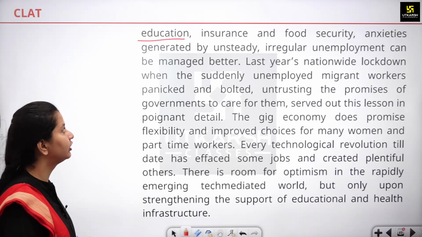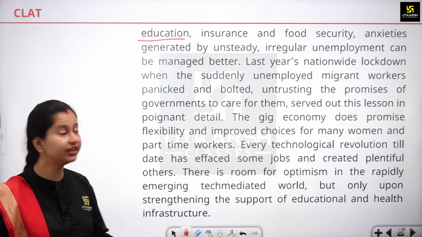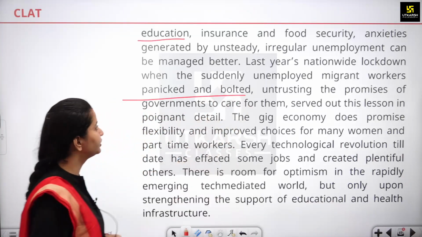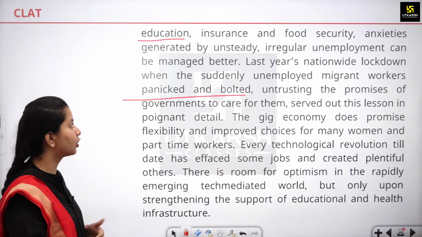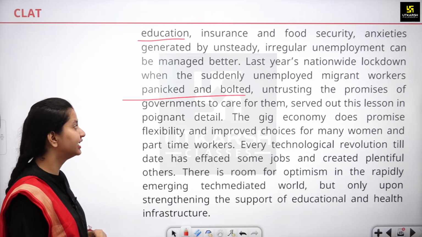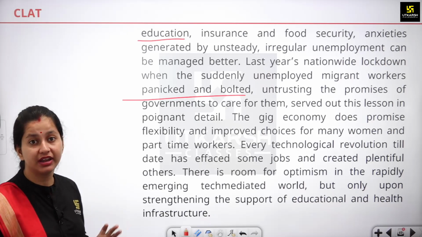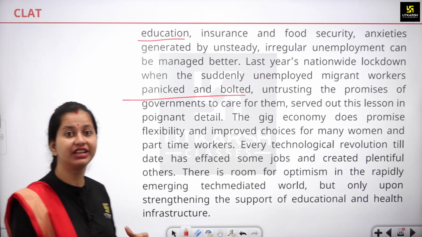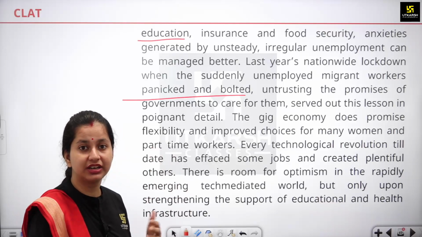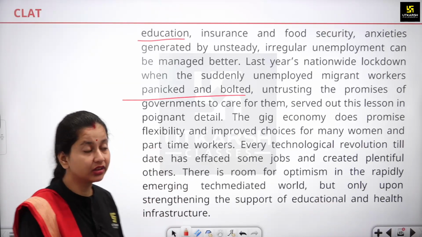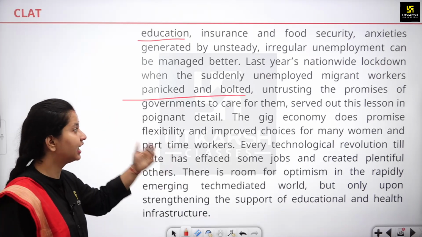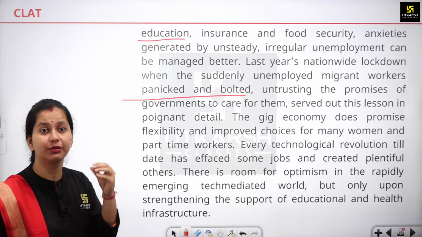Last year's nationwide lockdown, when the suddenly unemployed migrant workers panicked and bolted, untrusting the promises of governments to take care of them, served out this lesson in poignant detail, in very intense detail. So what it is trying to say is that because of the lockdown last time and the chaos it created, we got this lesson in the utmost detail.